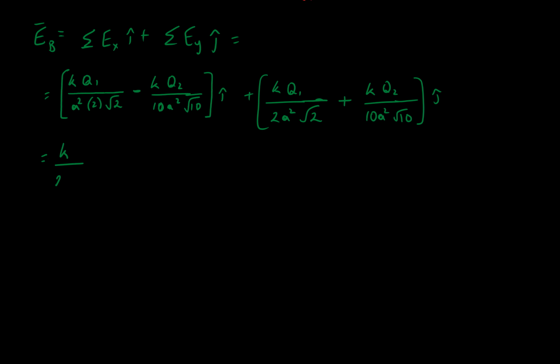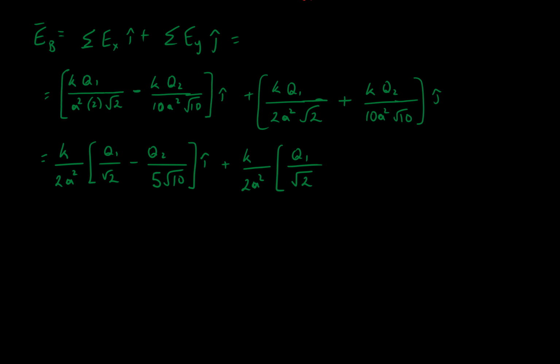We get k over 2a squared here multiplied by q1 over the square root of 2 minus q2 divided by 5 times the square root of 10 i hat plus k times q over 2a squared multiplied by, oh wait, where did that q come from? q1 divided by the square root of 2 plus q2 divided by 5 times the square root of 10 j hat.